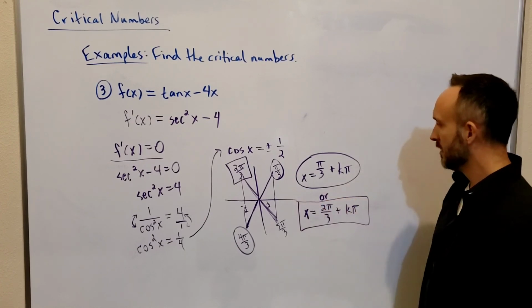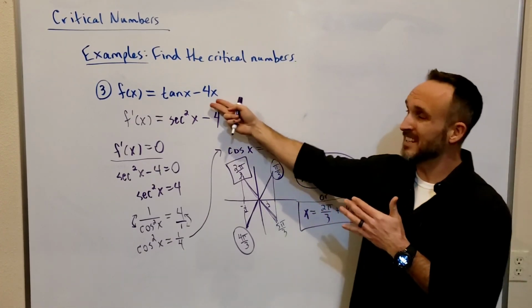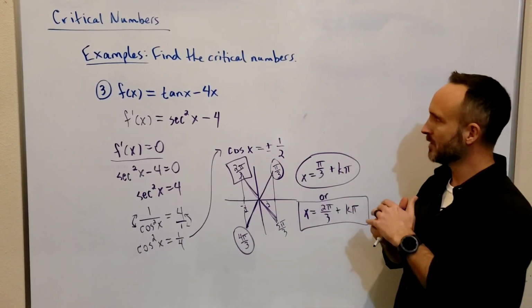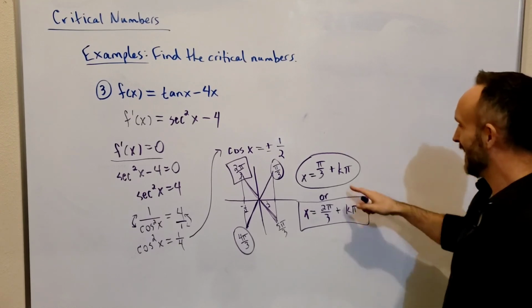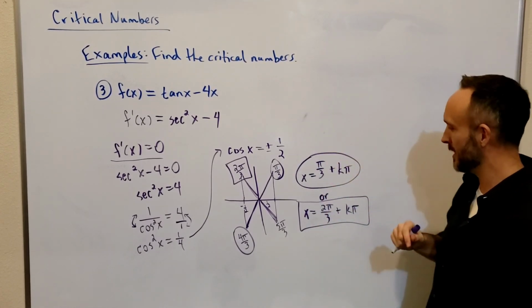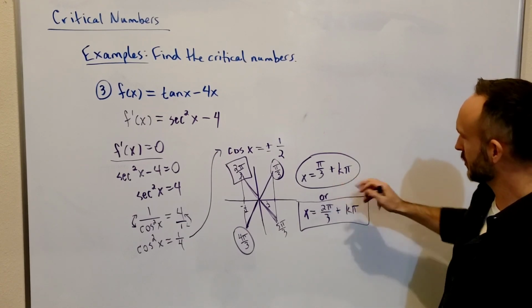Okay? So this function has an infinite number of critical values, critical points, critical numbers, sorry. They have different names, but critical numbers is what we're going to call them here. So an infinite number of critical numbers.